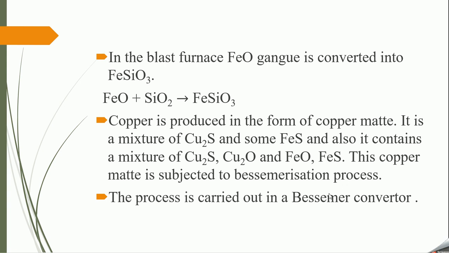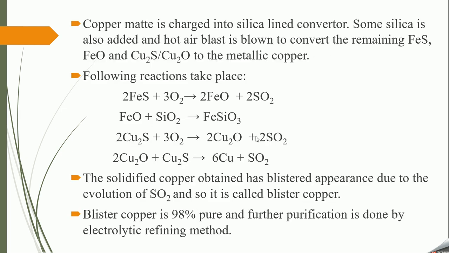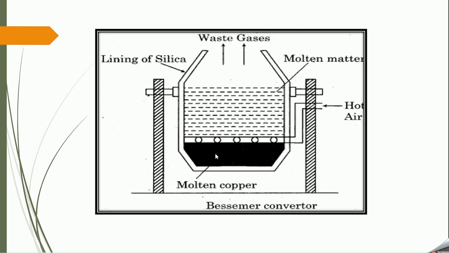That process is carried out in a Bessemer converter, lined with silica. Here, the copper matte is mixed with some silica and hot air is introduced into the converter. All sulfide forms of ore are converted into oxide form, and finally you will get molten copper.